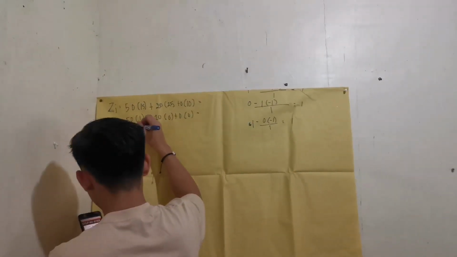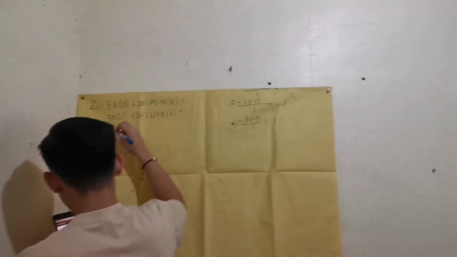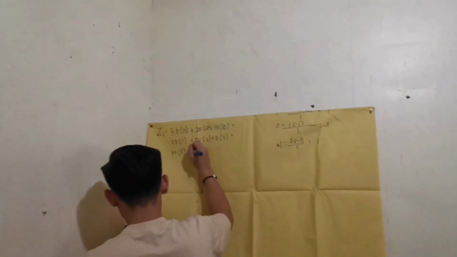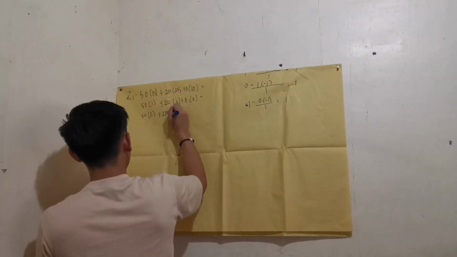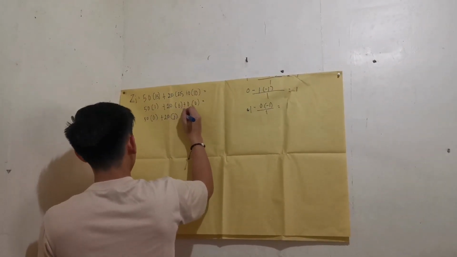50 times 0 plus 20 times 1 plus 0 times 0.